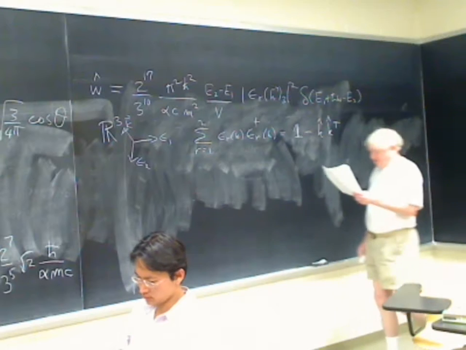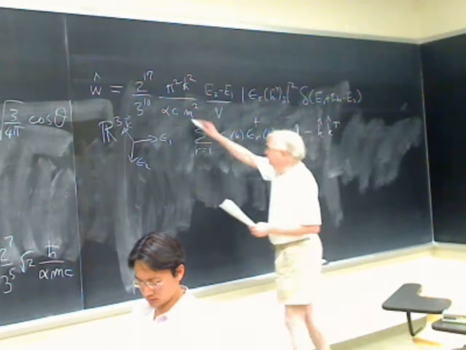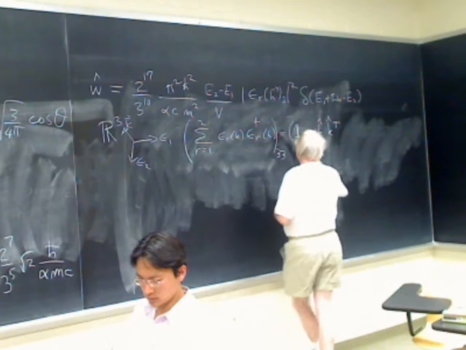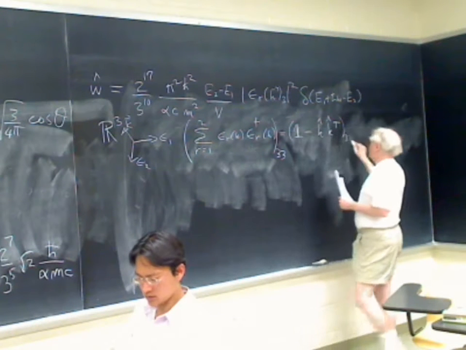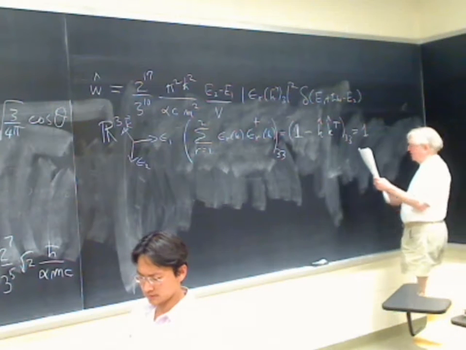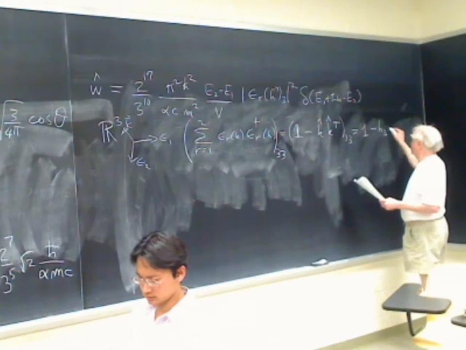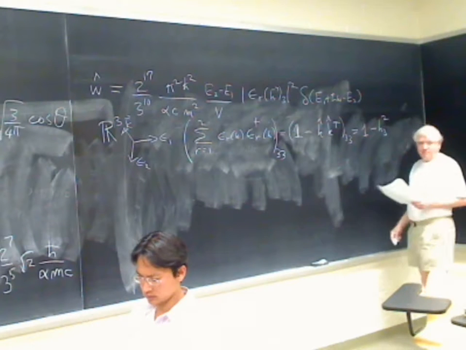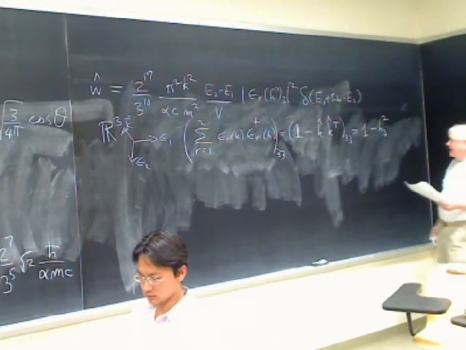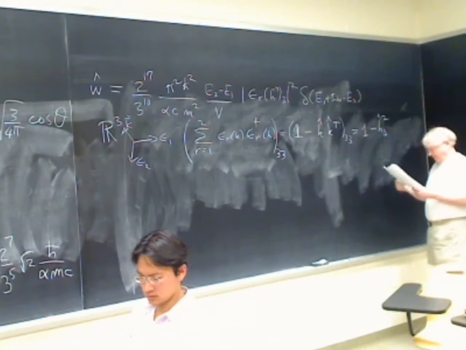What we want is the 3-3 component of this. So the 3-3 component of this matrix element is, of course, 1 from the identity matrix minus k3 squared. And I should have said k hat 3 squared.